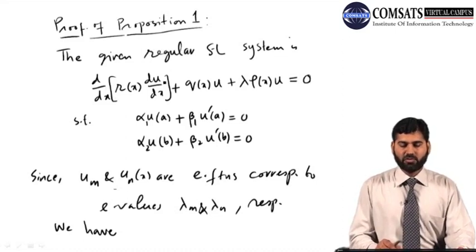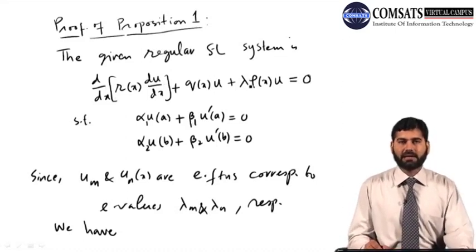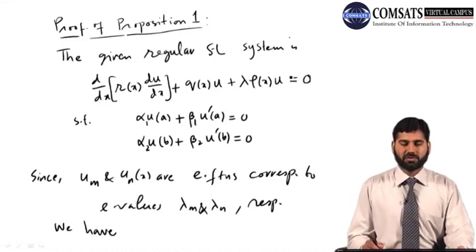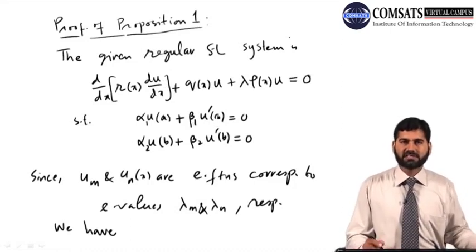If I replace u by um here and lambda by lambda m here, it will give you 0. Similarly, u by un and lambda by lambda n also gives you 0 because they are the solutions and they will also satisfy the boundary conditions as well.